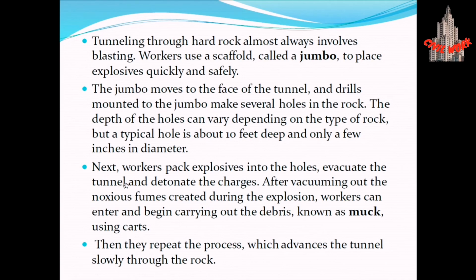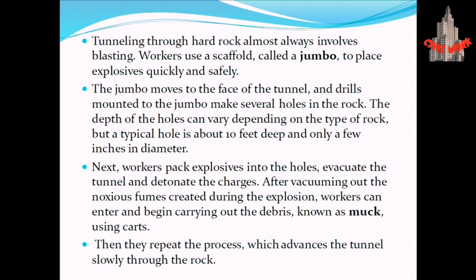Next, workers pack explosive into the holes, evacuate the tunnel and detonate the charges. The explosion causes toxic fumes in the tunnel, which must be pulled out for the safety of the workers and their lives.